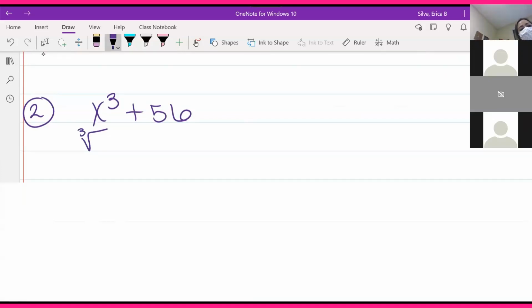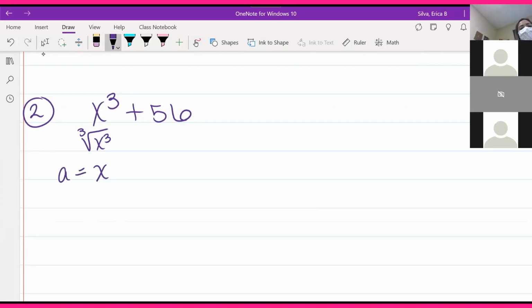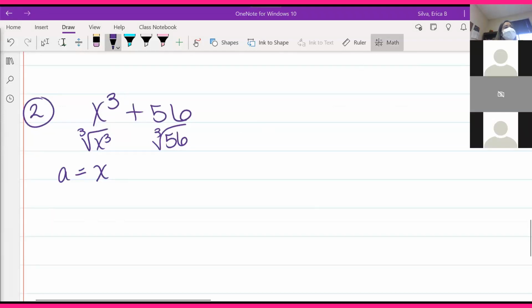The cube root of x cubed is x, so this will be our a. Then we do the cube root of 56. I don't know if 56 is a perfect cube; I don't have my cubes memorized. So we're going to go to our calculator and check to see if 56 is a perfect cube.